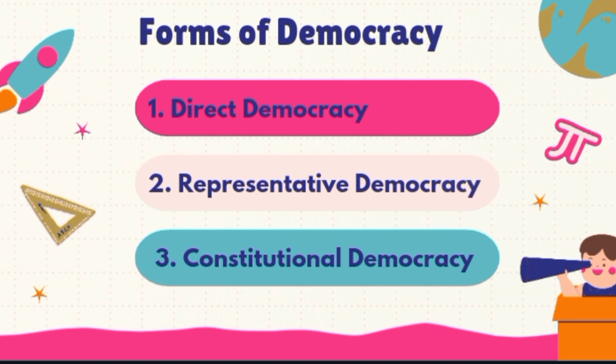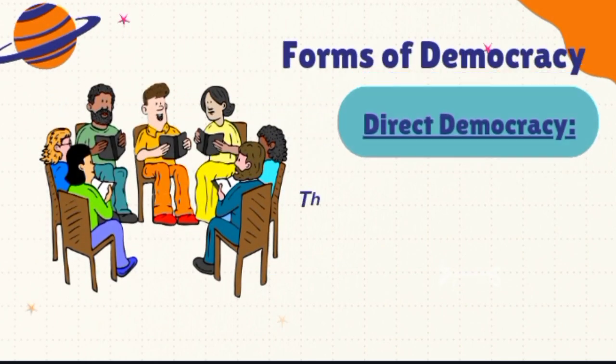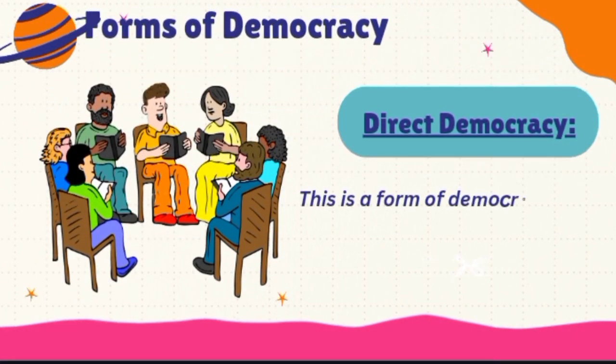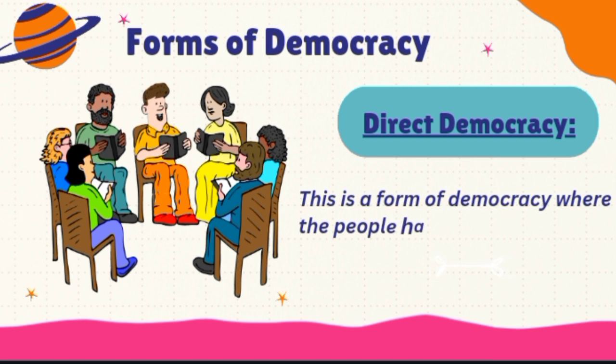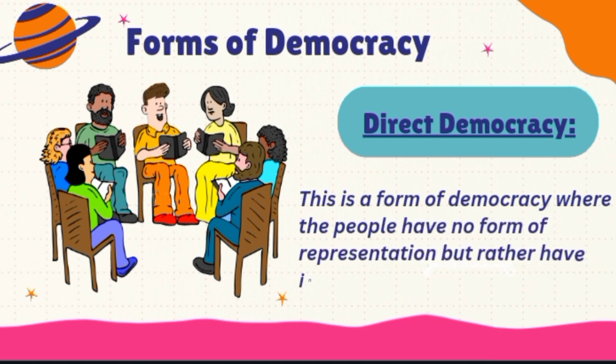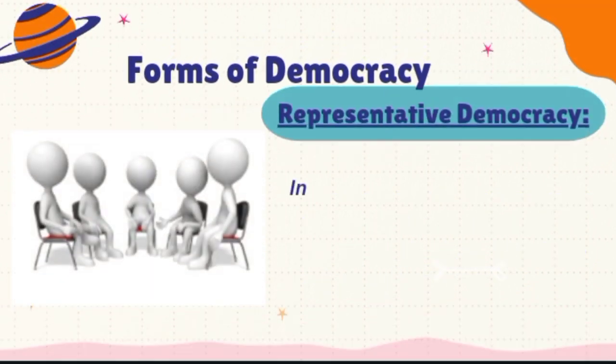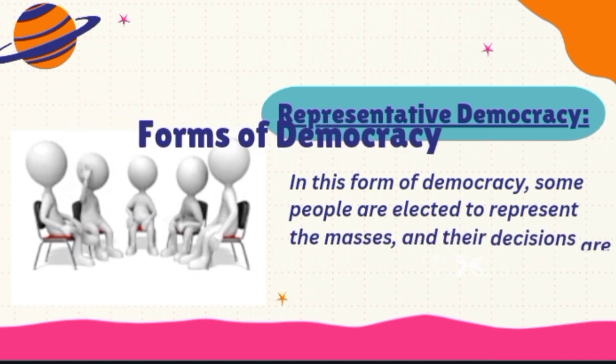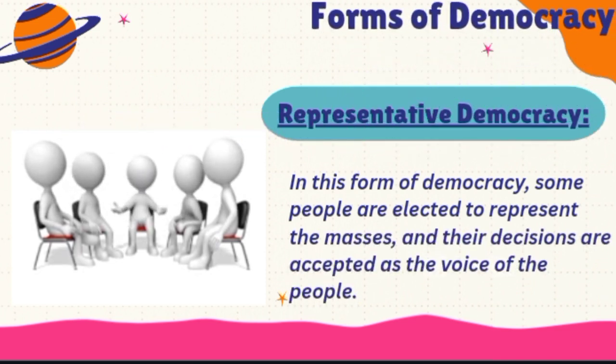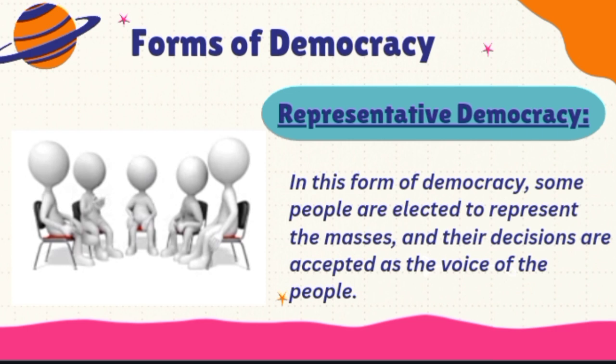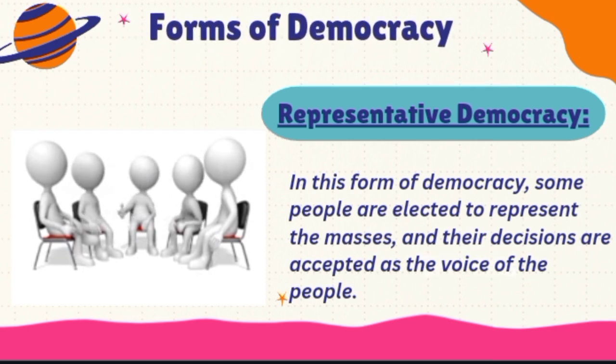The direct democracy is where all citizens attend the assembly and take part in decision making in order to govern the state or the society. Then the indirect or representative democracy is a type of democracy where citizens through election elect those who will represent and govern the state on their behalf.